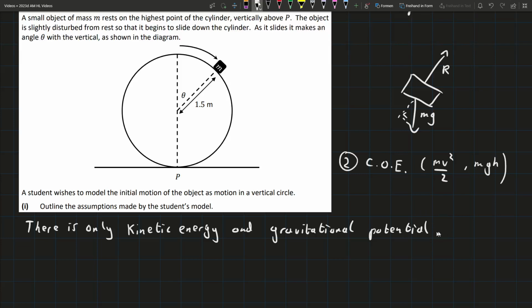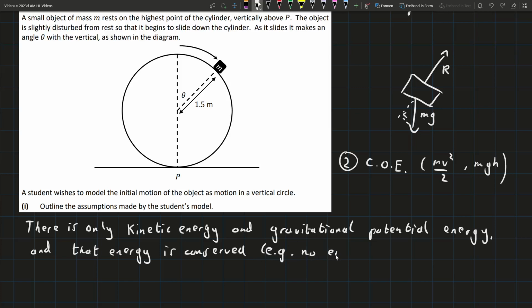And that energy is conserved. In reality it isn't. So you could say, for example, no energy loss due to sound or heat, I suppose.